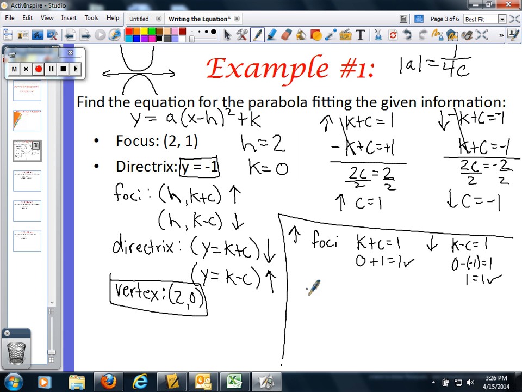For the directrix, you have that k plus c equals negative 1. Oh, sorry, this should be k minus c equals negative 1.